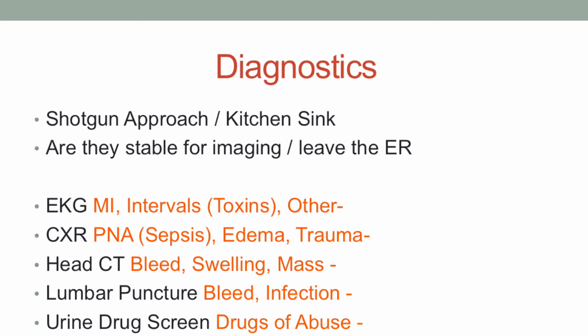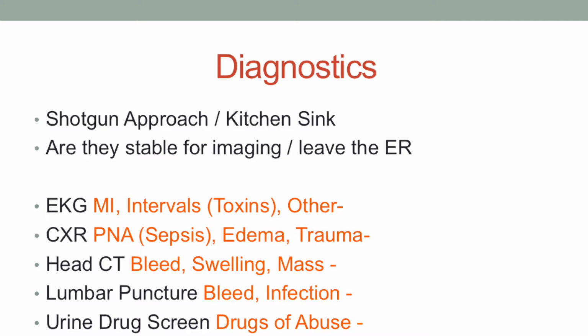So for diagnostics, we will always get an EKG. We're looking for acute MIs. We're looking for the intervals, which you'll hear us call out the QT interval or the QRS duration or the PR interval, widened QRSs, typical things that some toxins can produce.